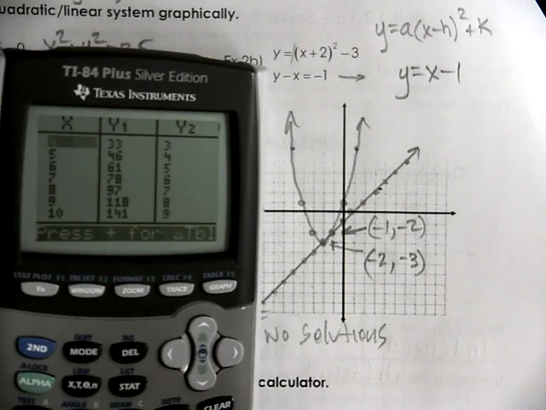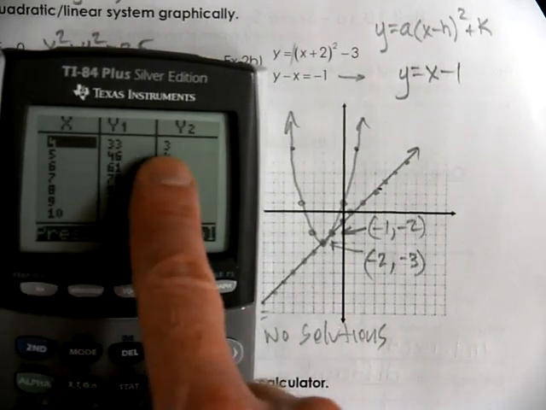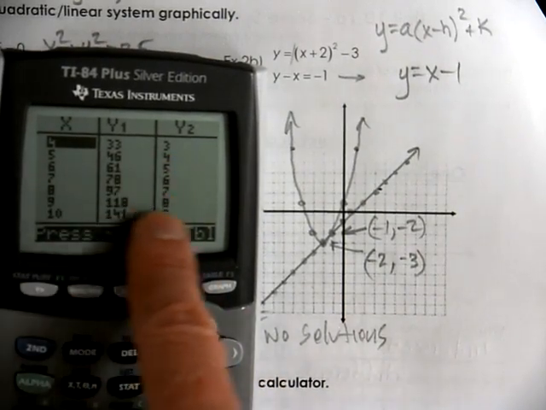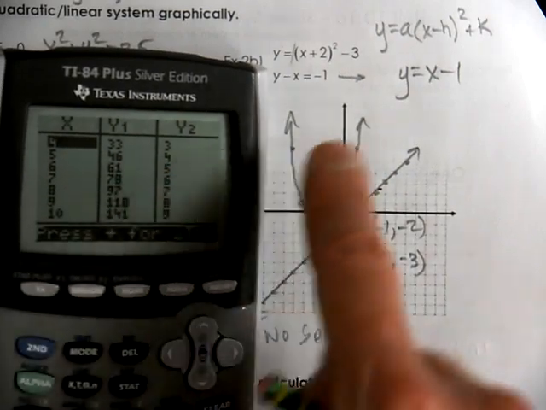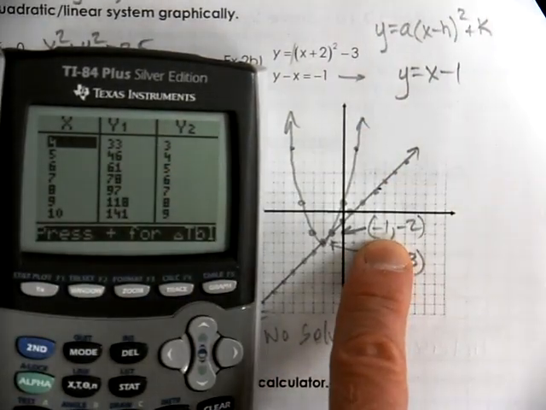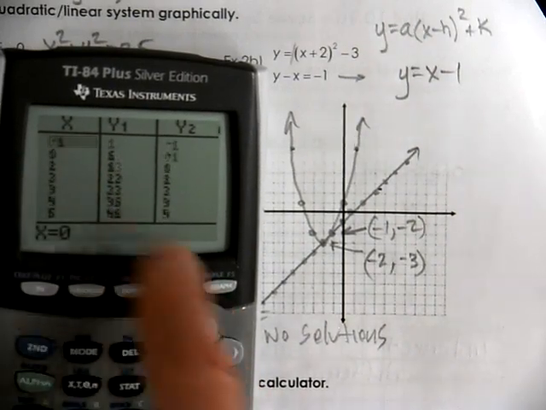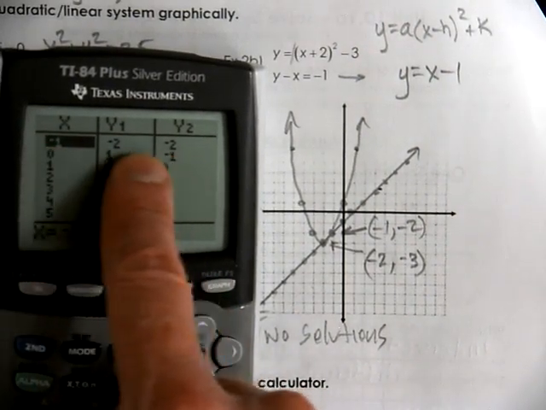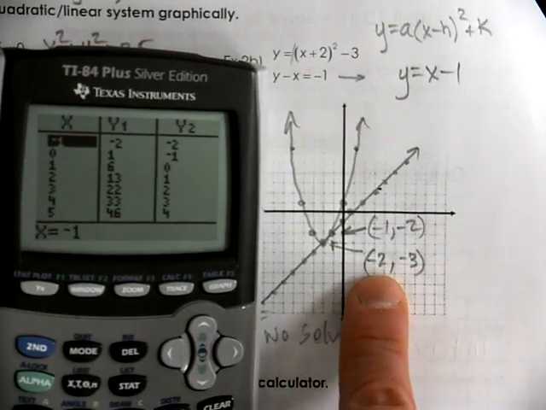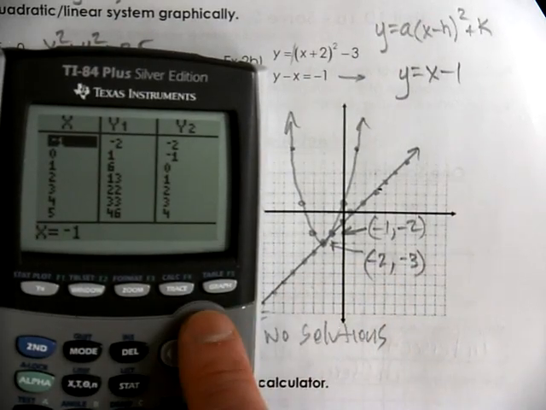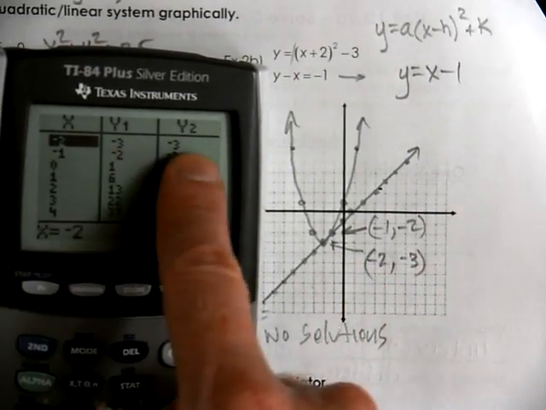So if we go to the table, we can look to see if the y values are the same anywhere. Well, we expect them to be the same when x is -1. So let's move our cursor to x is -1, and there we have y values that are the same. We also expect it to be the same when x is -2.